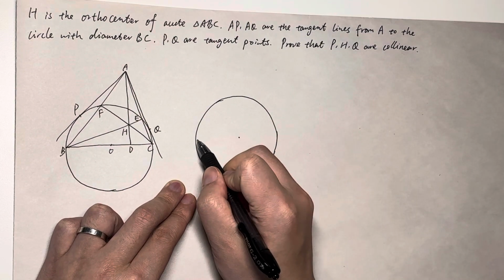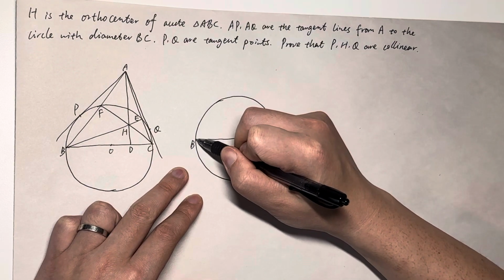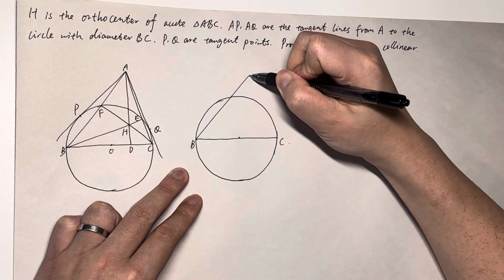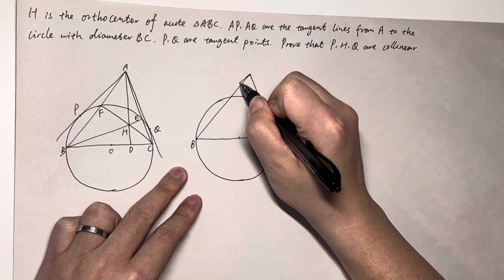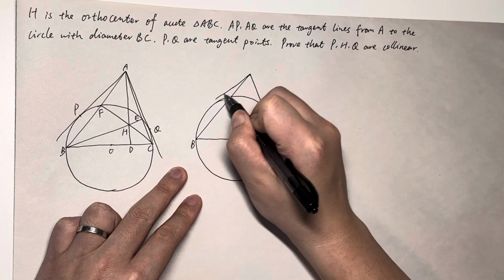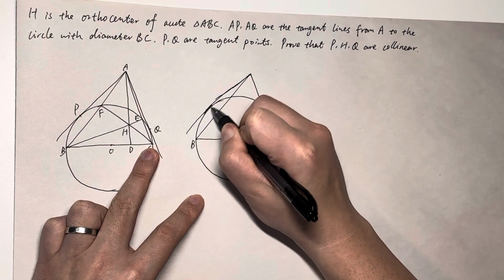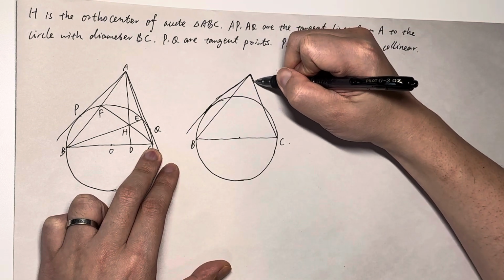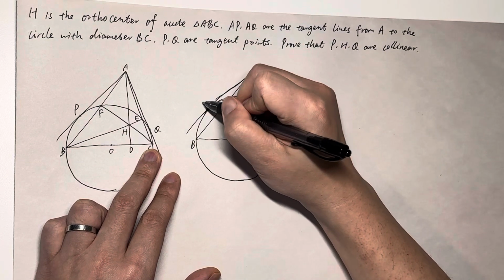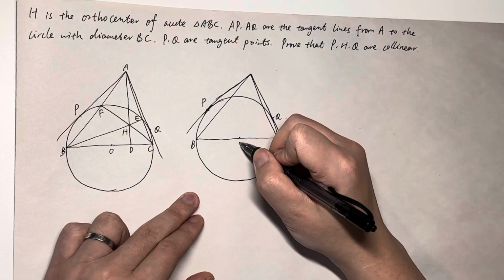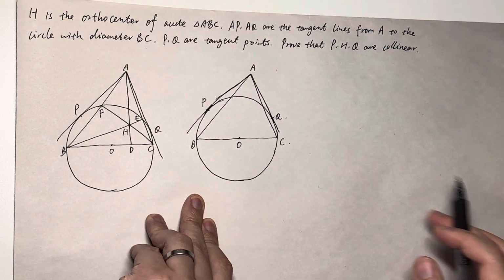So let's draw the BC here first, and then consider this as a tangent line, and consider this as a tangent line. Okay, this is P, this is Q, and here is O, this is A. Let's just consider this figure first, right?